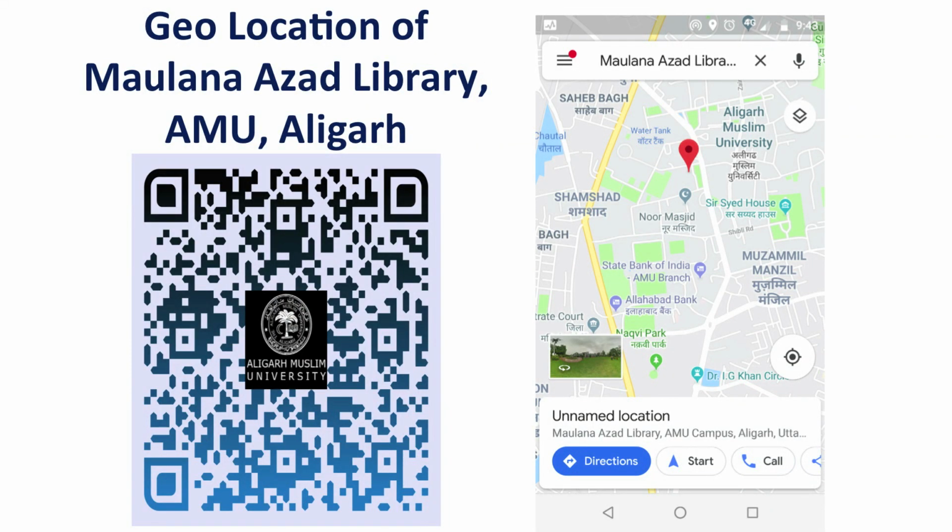You can see on the left side of the screen, the geolocation of the library is given with a logo. If a user scans this, without anybody's help or directions, he can come straight to the library with the help of this QR code.